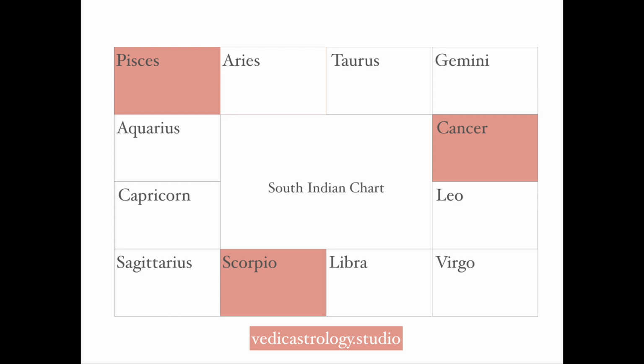Now the 4th house, and the 4th, 8th, and 12th are the moksha houses.